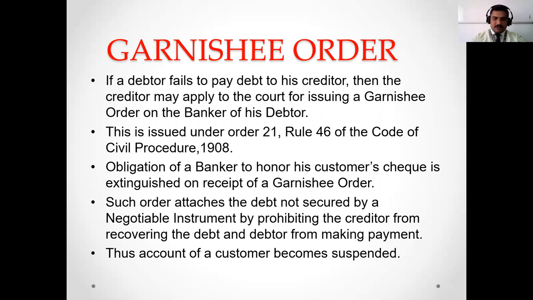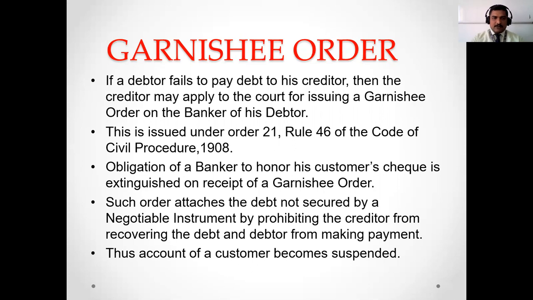So if there is any money in the customer's account, through the court order the bank can give it to the creditor who has to be paid by the bank customer.